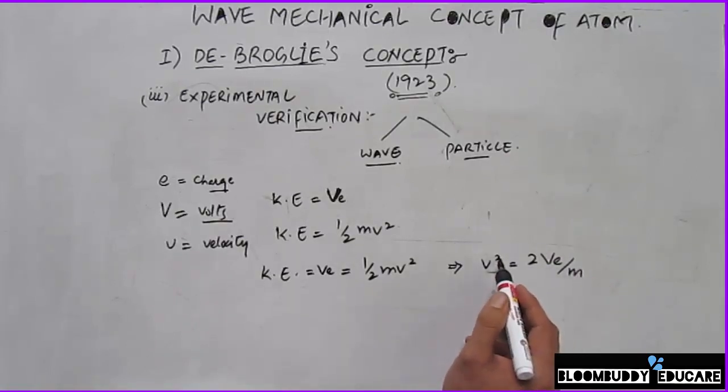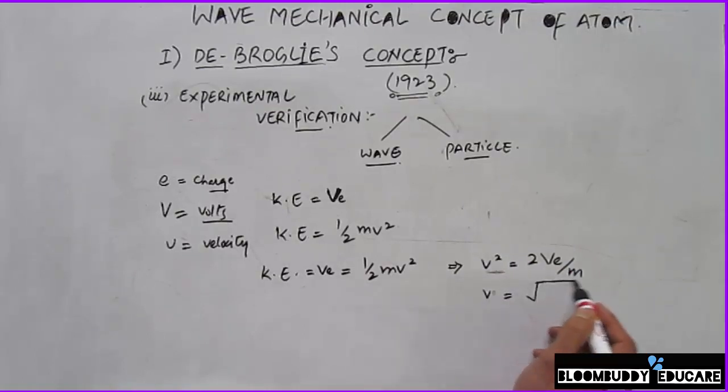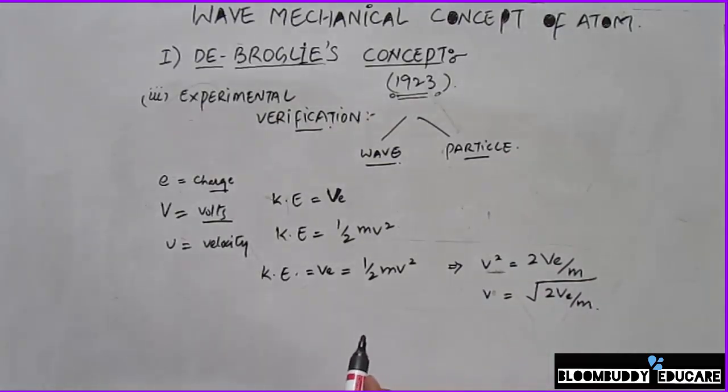And if I carry this square on the other side, it's going to become under root 2VE divided by m.